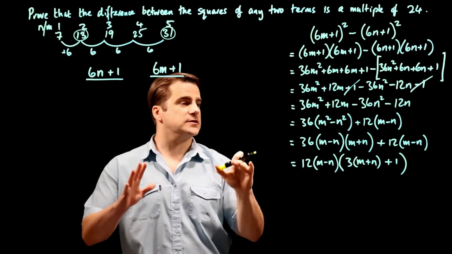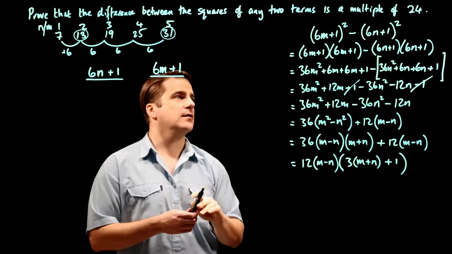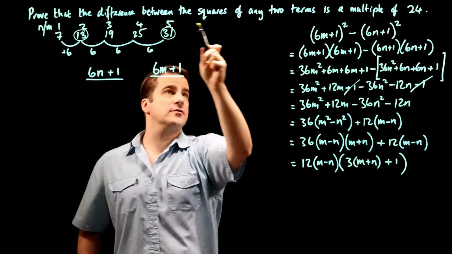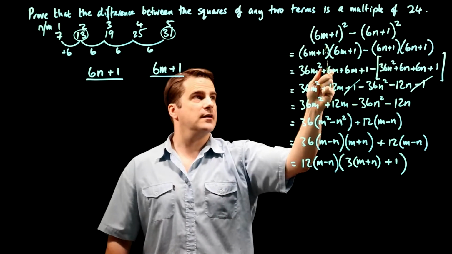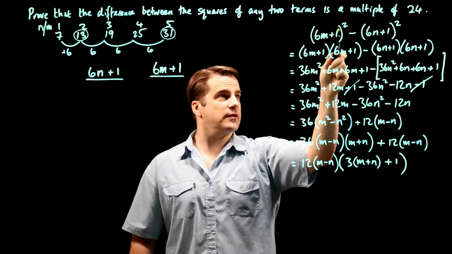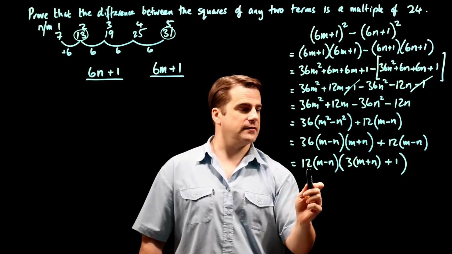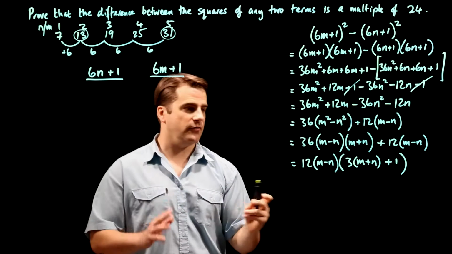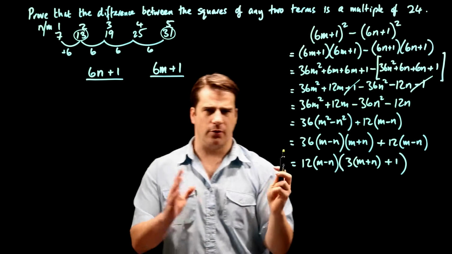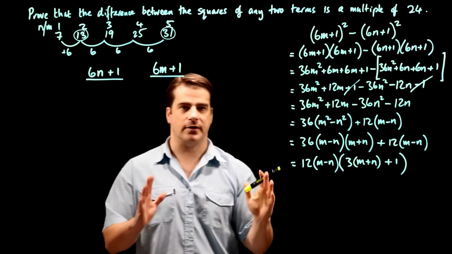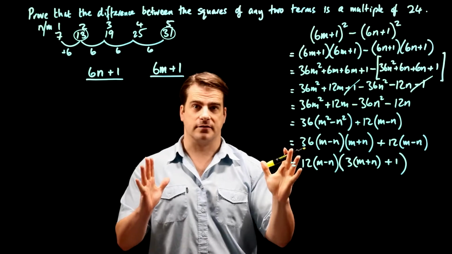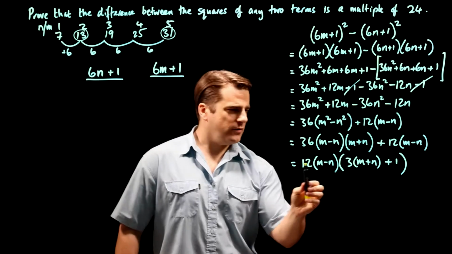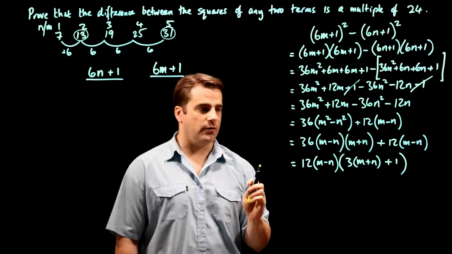So let's take a pause and see where we are. We have our expression for the difference between the squares of any two terms, and we've shown that that is that. Okay, and apparently this is a multiple of 24. So if we can argue and prove that this is a multiple of 24, full marks. Okay, so why would this be a multiple of 24?